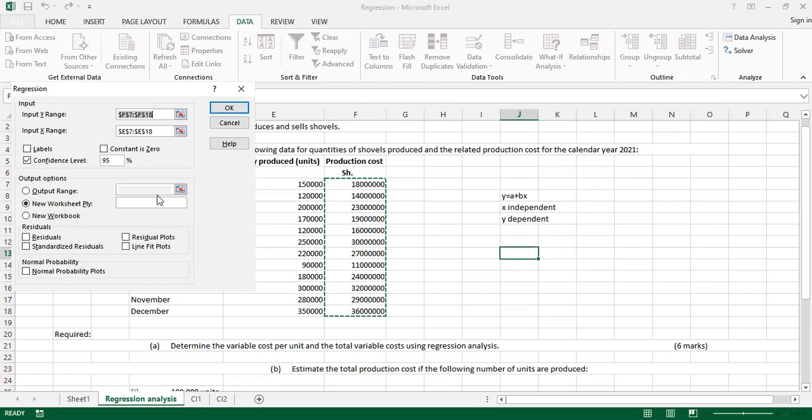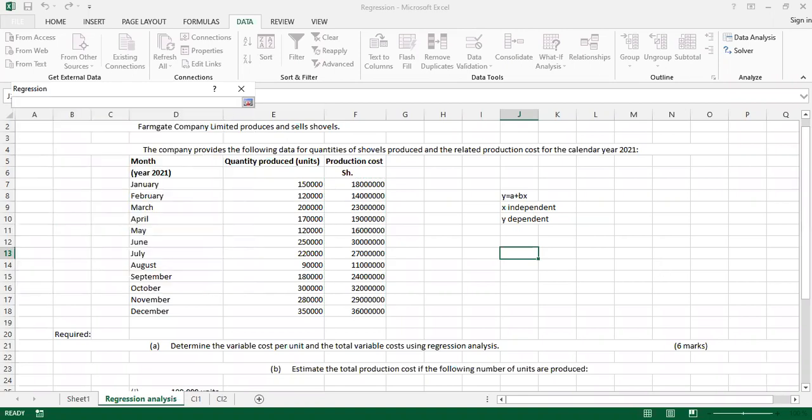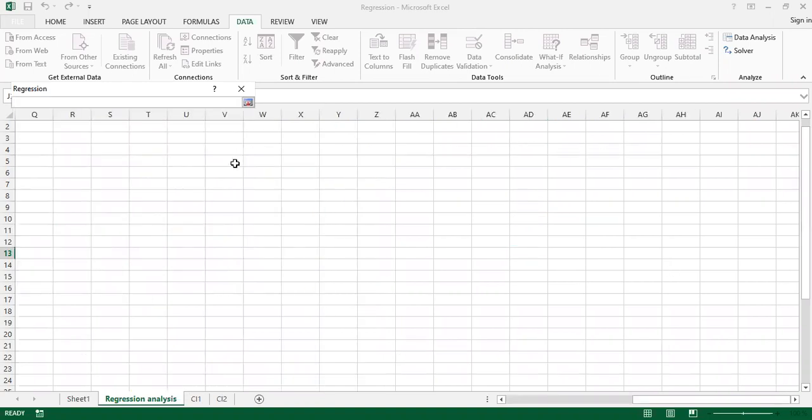If you've done statistics, you know the story of the null hypothesis. So this will be a 5% chance of being wrong, and 95% of being right. Now we'll select output range, and we want to put it here.